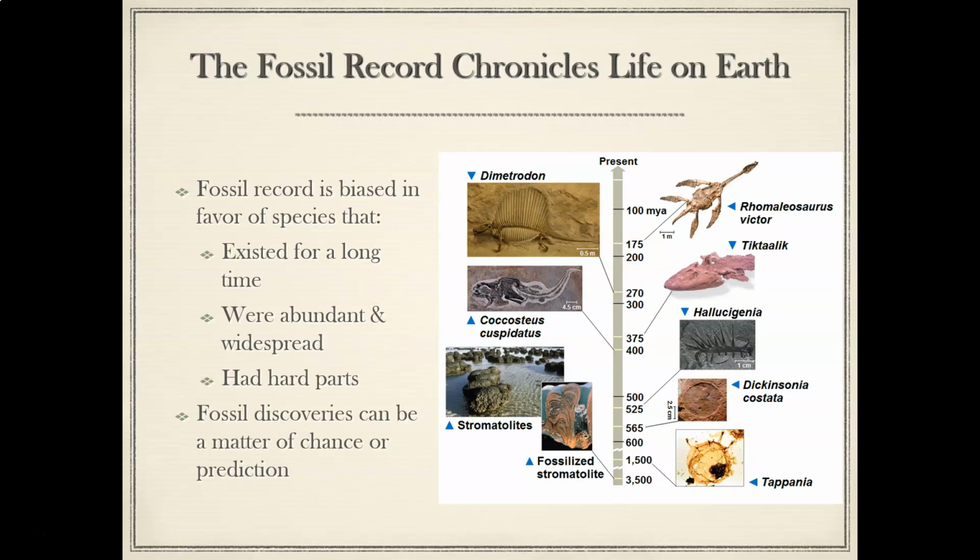So organisms that don't end up having those hard parts are not completely excluded from the fossil record, but it's much less likely for them to be fossilized without that. And then the actual discovery of the fossil itself also tends to be a matter of chance, although the more and more we find things, the more we can start making predictions about where we might find more.